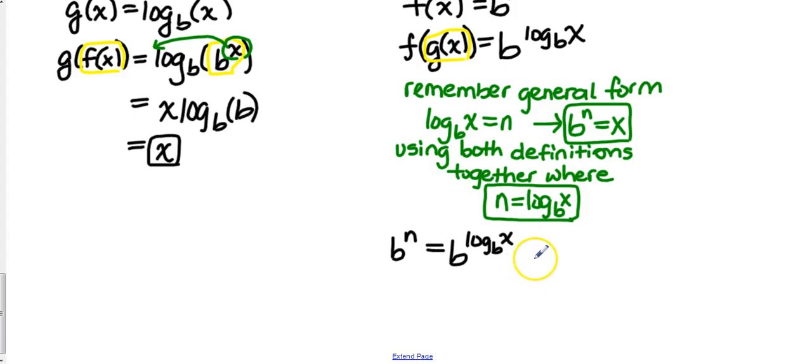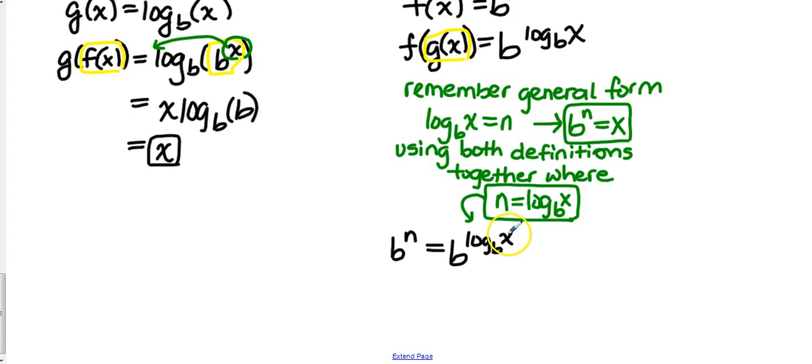Why was I able to write that? Well, check it out. Right here, we said n equals log base b of x. So b to the n is the same as saying b to the log base b of x. So I use this right here because n equals that.